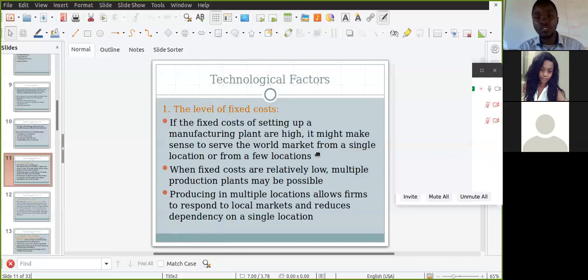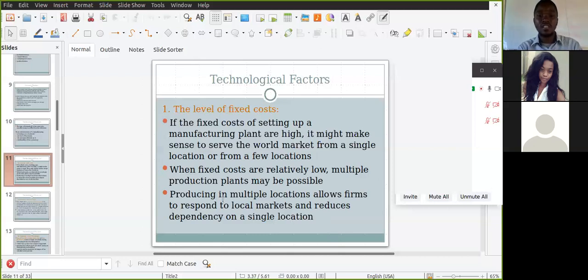Then when the fixed costs are relatively low, multiple production plants may be possible. So when your fixed costs are low, you'll be able to set up a lot of plants because it is not very costly for you to set up those plants. You can set up as many as you want using fewer resources. Producing in multiple locations allows firms to respond to the local markets and reduce dependency on a single location.